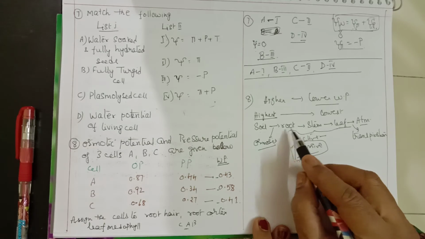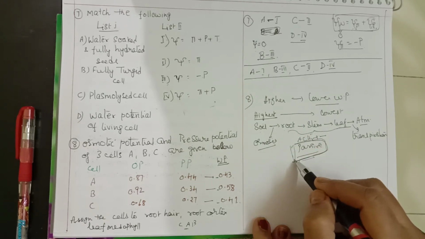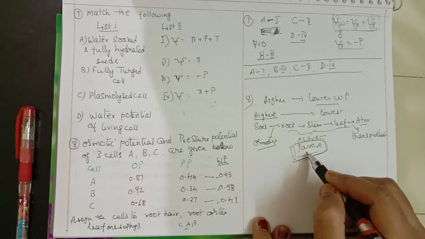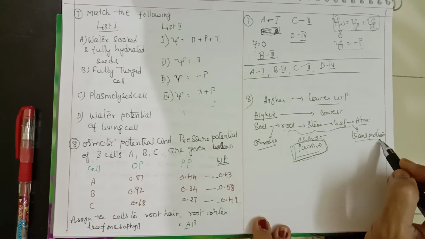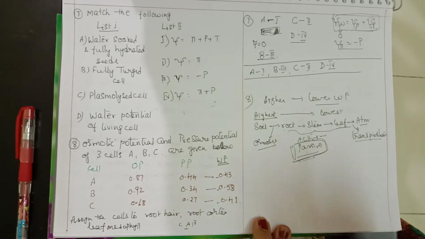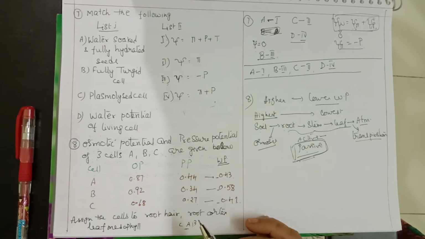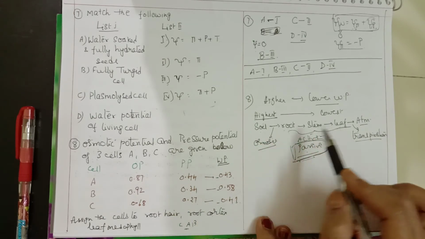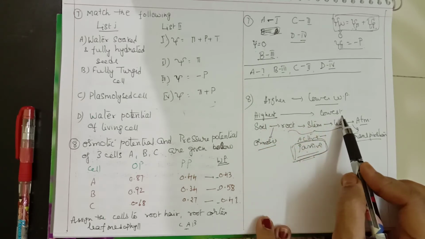But movement of water from root to leaf is by passive process. The main driving force for movement from root to leaf is transpiration. Transpiration pull helps in the ascent of the water column. So this is the sequence of movement of water based on water potential.